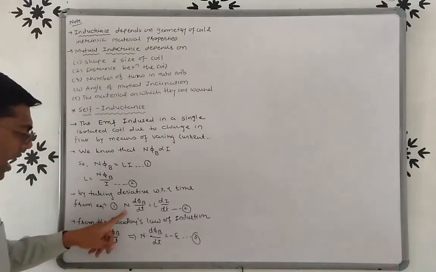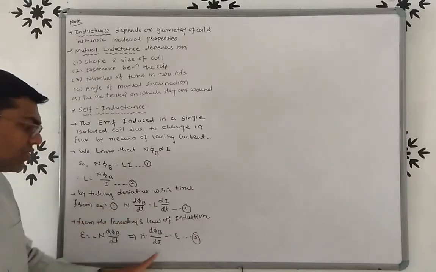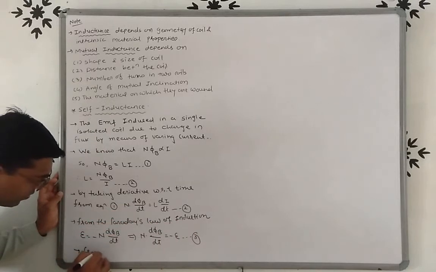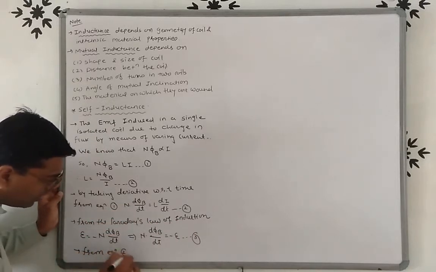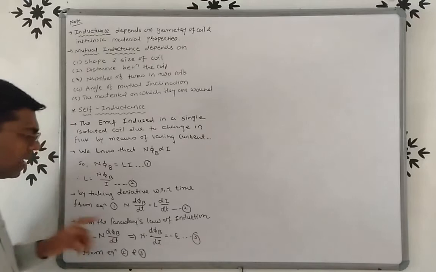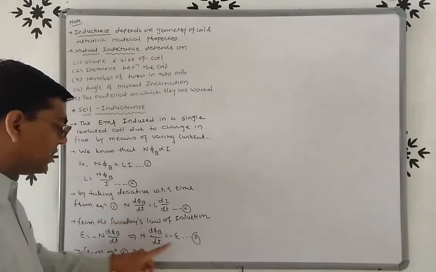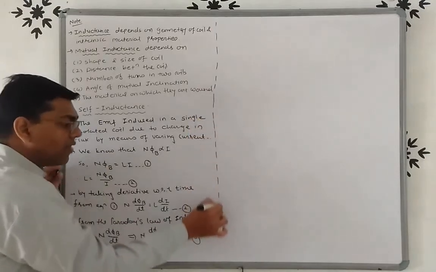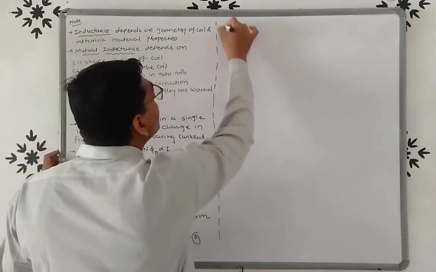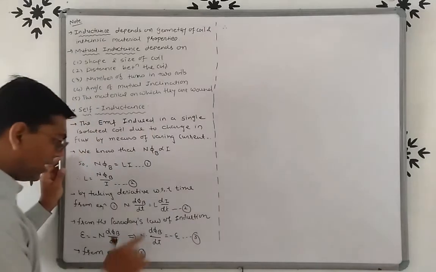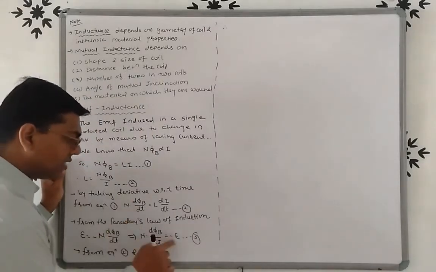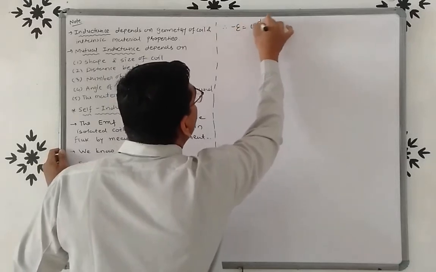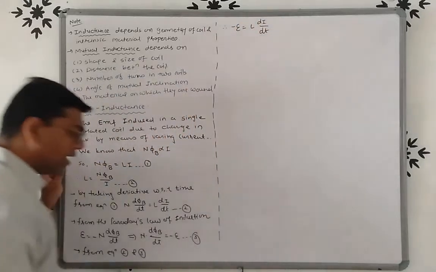So see, N d phi B by dt is equal to minus E. From equations 2 and 3, minus E is equal to L di by dt, right?